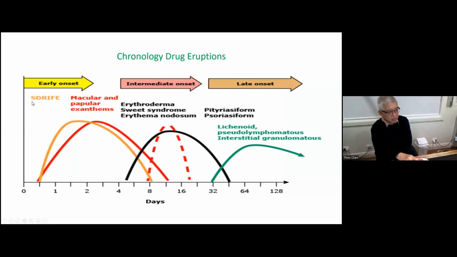But then there's another one called SDRIFE, symmetrical drug-related intertriginous flexural exanthem. So they involve the intertriginous areas, so the axilla, the groin as well. So there are flexural areas involved, symmetrical drug-related. So these are common. Starting at about 5 days, and then it drops down, and by 8 days it disappears.